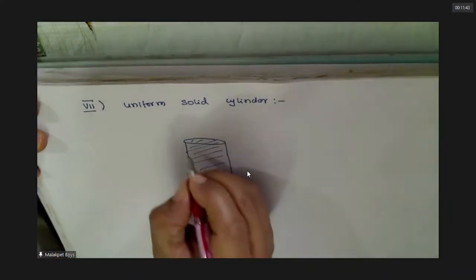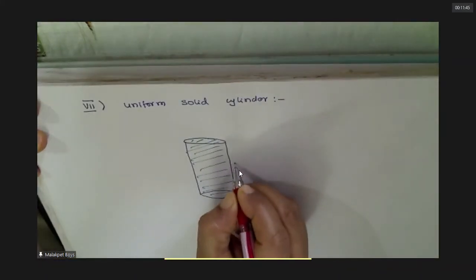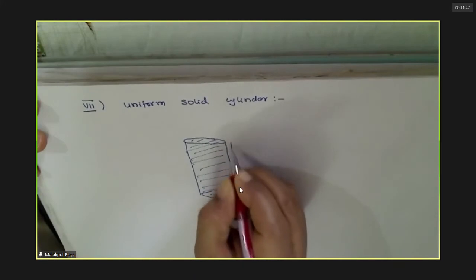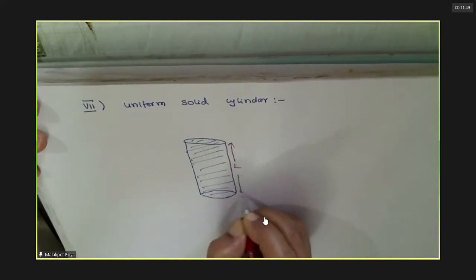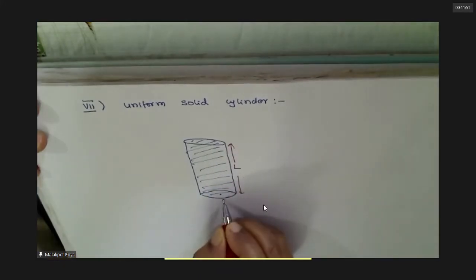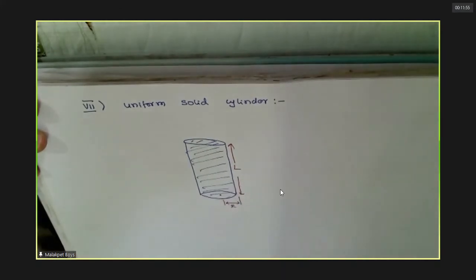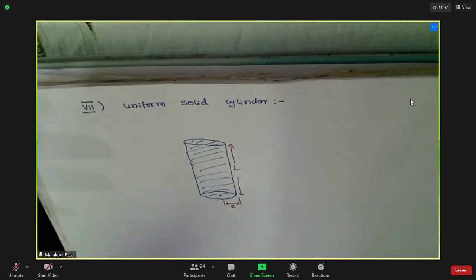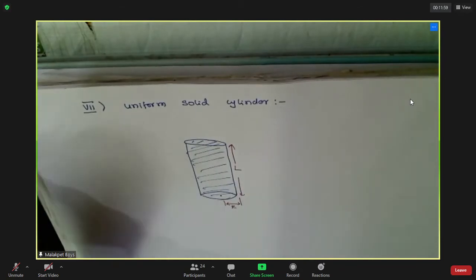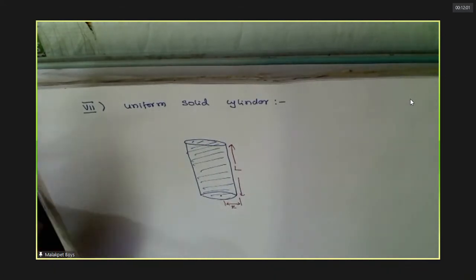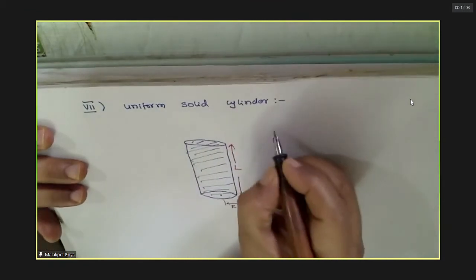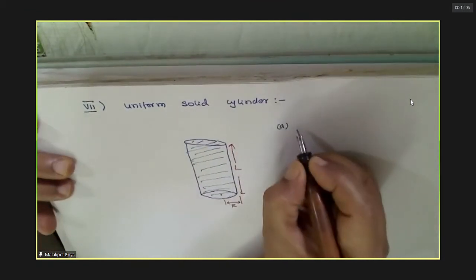Now you can see the length of the cylinder is L, and the radius of the cylinder is R. Now suppose we need the moment of inertia about its own geometrical axis.